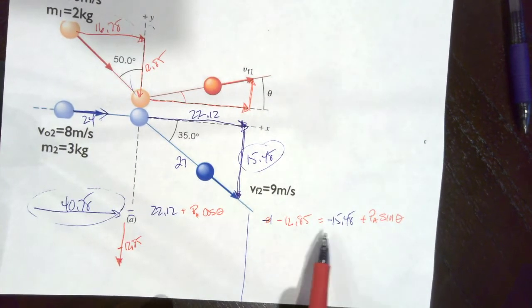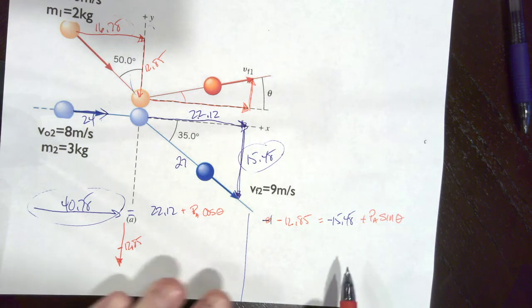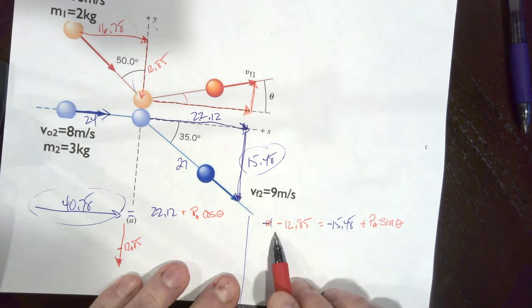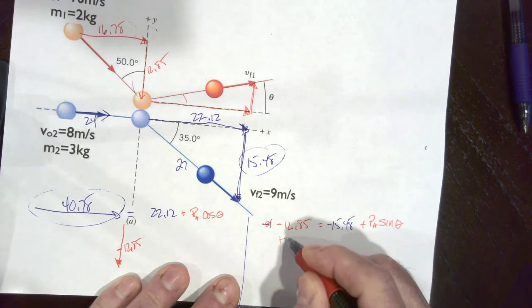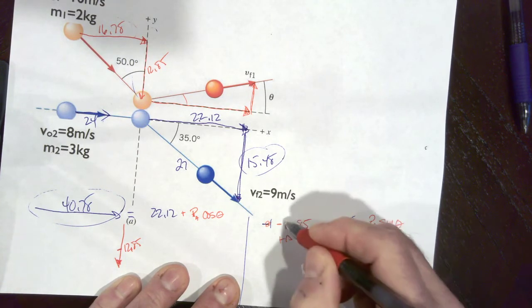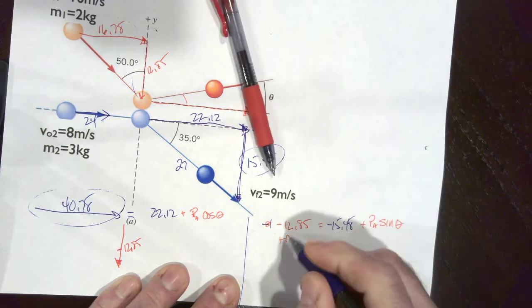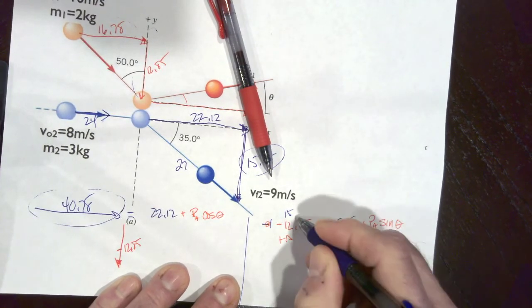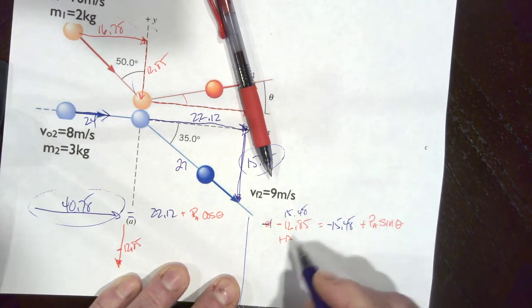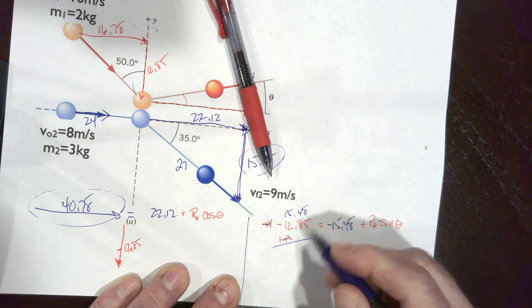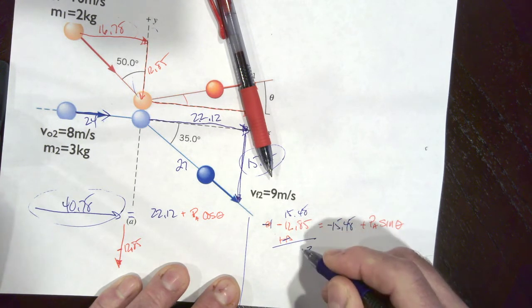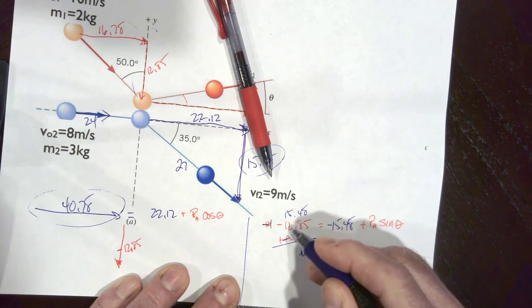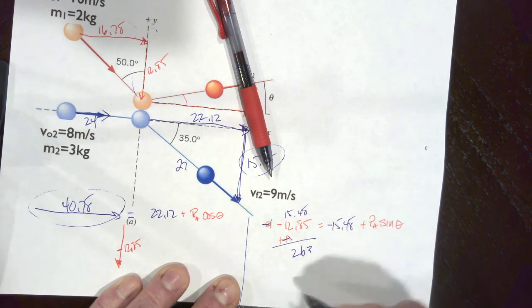So let me do a little bit of arithmetic. If we add this to both sides, you get what? Didn't bring my calculator home. So that would be 3, this would be 6, 4, 2.